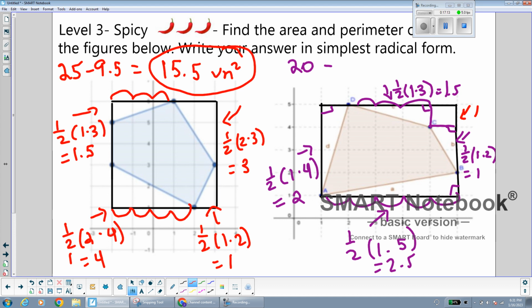The first was 2. The second was 2.5. The third one was 1. The fourth one was 1.5. And then the square was 1. So that's 8. So what I have here is 20 minus 8, and that is 12 units squared. And there we have it.